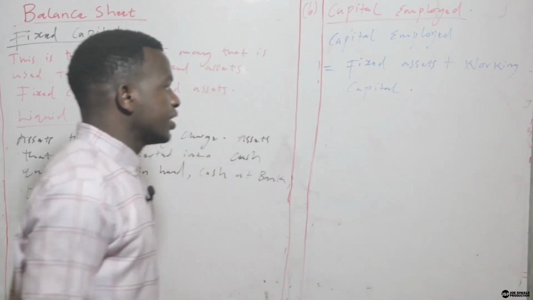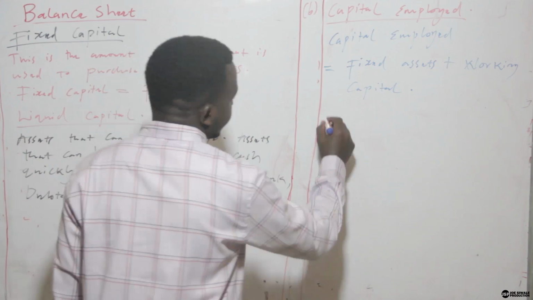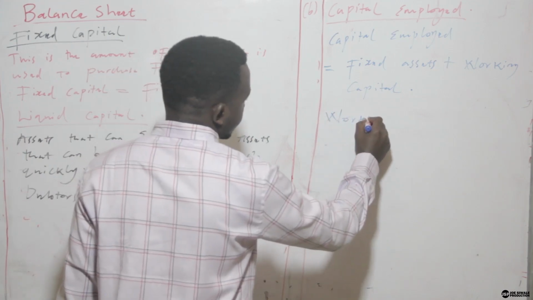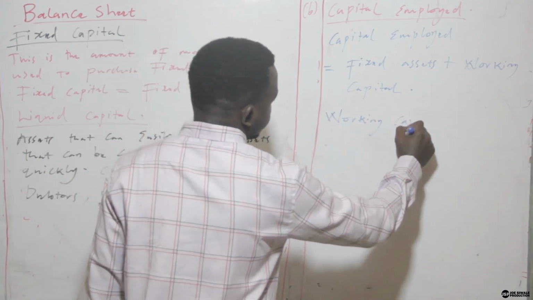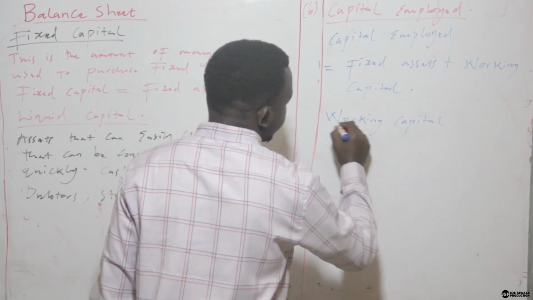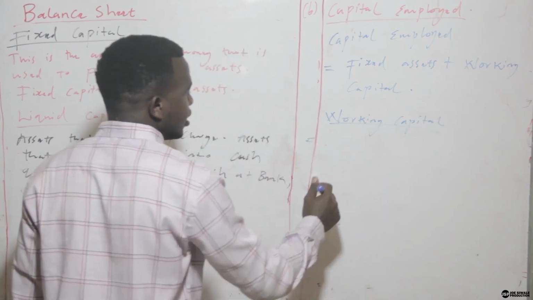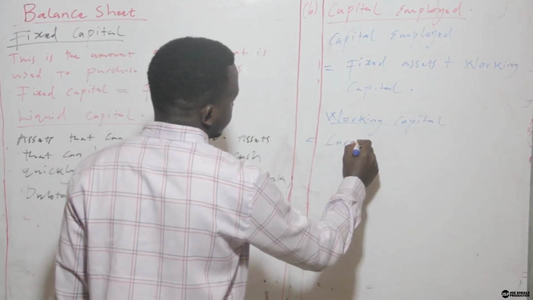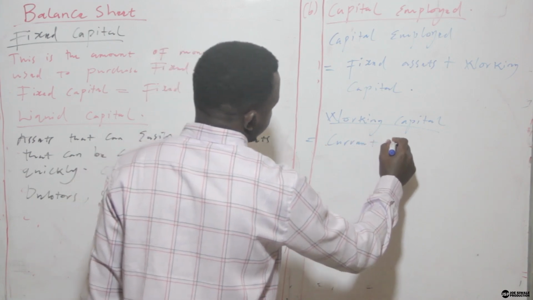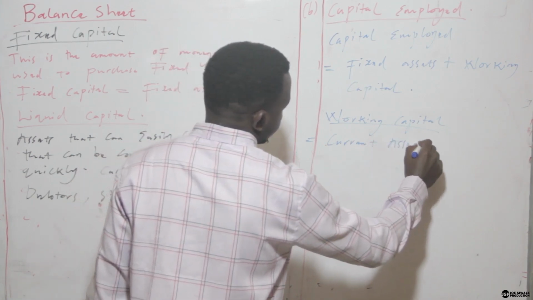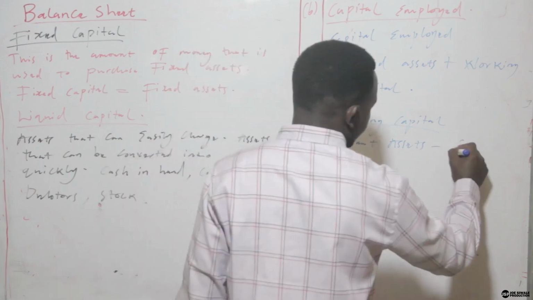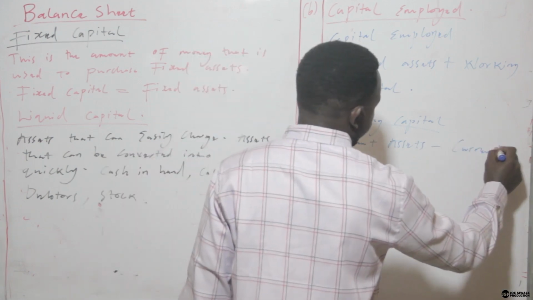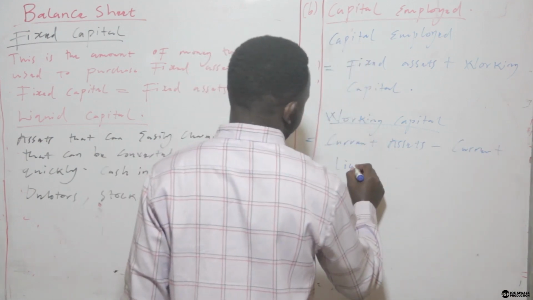And we have said that the formula for finding working capital, we have said that current assets minus current liabilities.